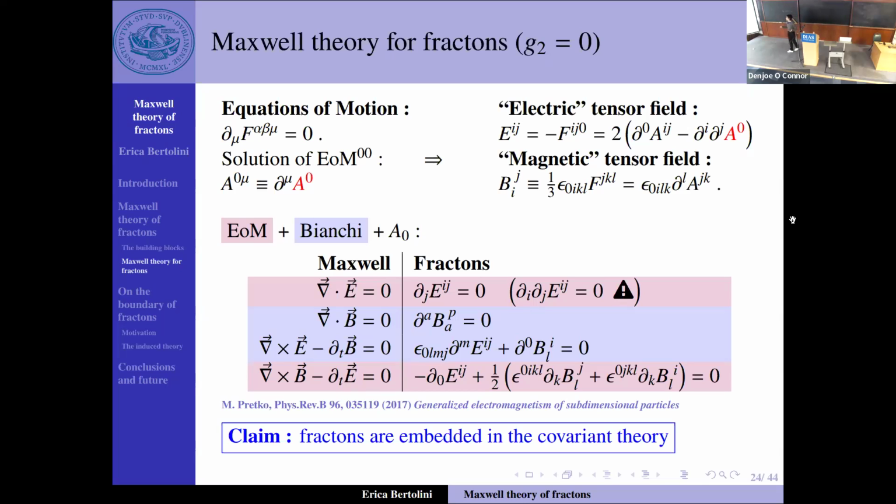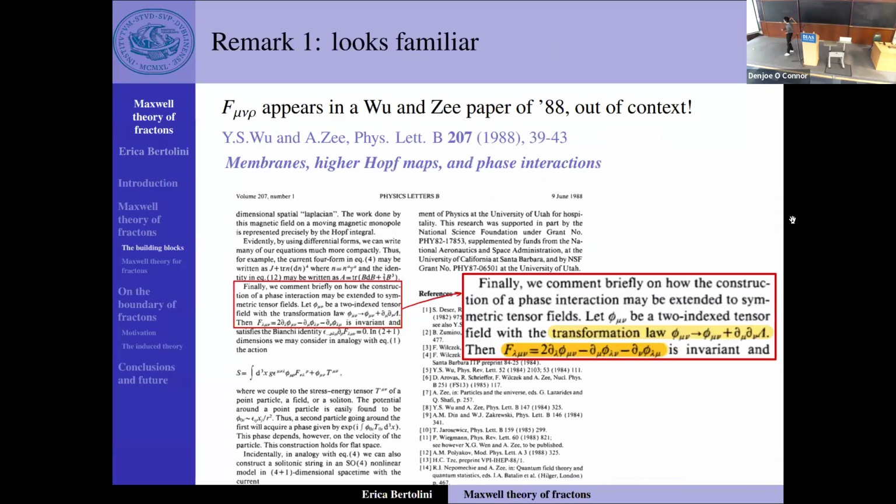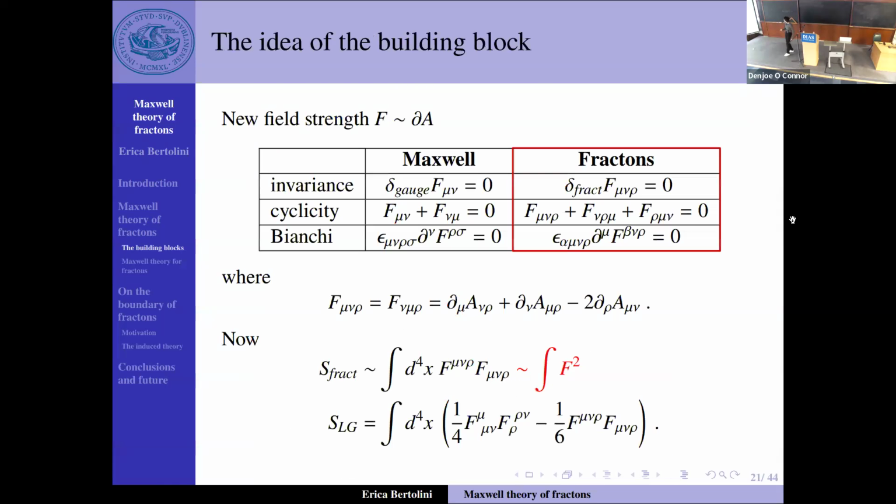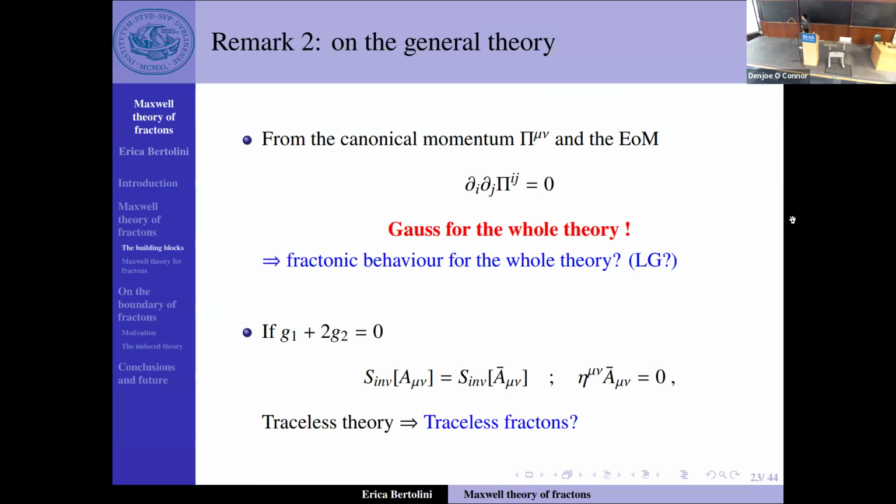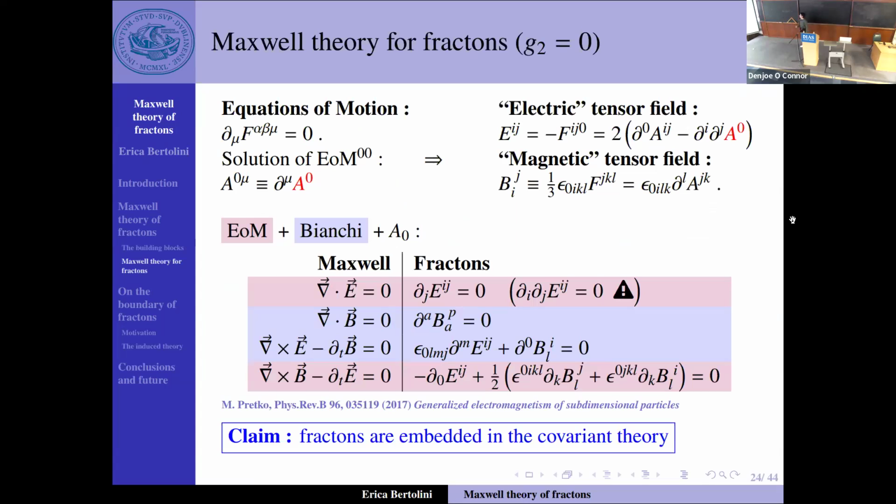So we want to see what happens in our case by looking at the equations of motion and the Bianchi identity, which we have written in terms of this field strength. By doing this, what do we have? Well, the first equation of motion, the 0,0 component, does not remind us of any Maxwell equation. However, it has an interesting solution, which is this one.